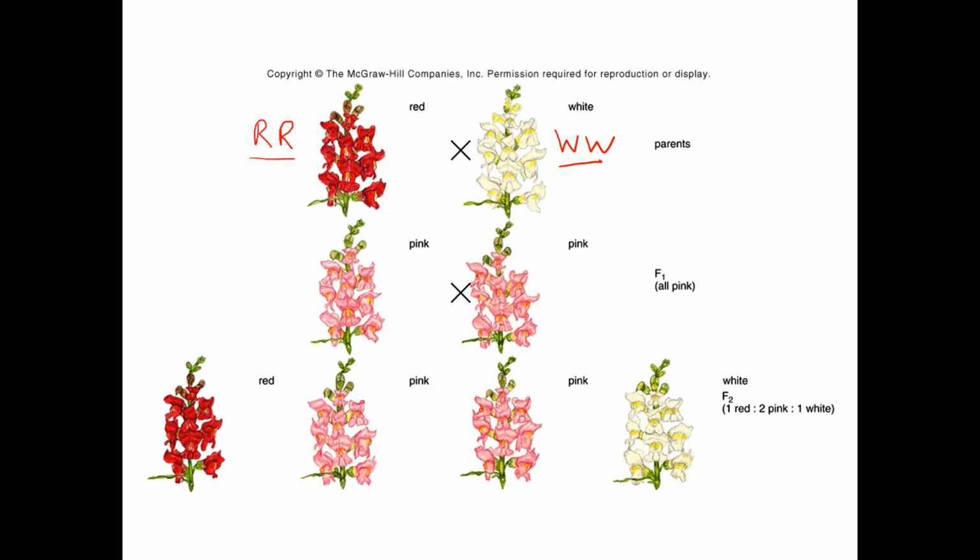But two separate traits. Now, the thing with incomplete dominance is that, as I said to you, both of them are trying to make their trait come about at the same time. So that means if you have the gene for red flowers, it means that you have the genes for the making of the compounds, right? So in the flower, you're making compounds that will appear to be red, giving the flower a red color.